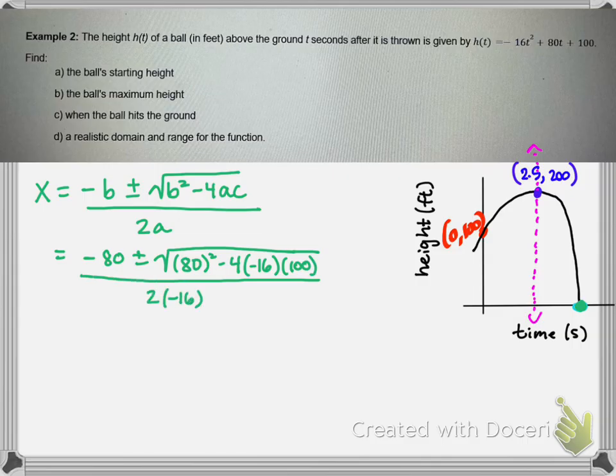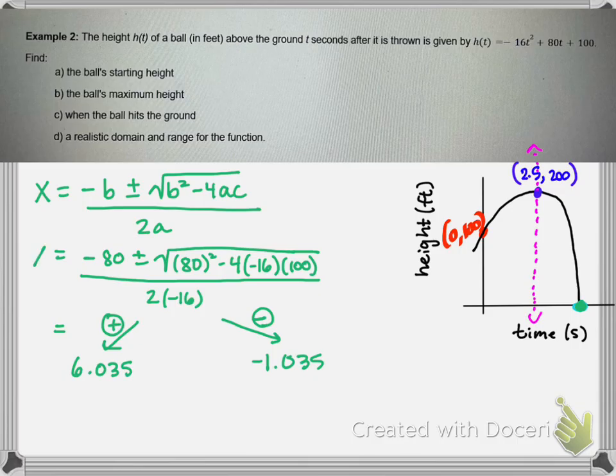I'm going to split my calculator into two equations. I'm going to do one with a plus sign, one with a minus sign. So this will be my plus of the radical, minus of the radical. And when I do that, I'm going to get two answers. I'm going to get 6.035, and I'm going to get negative 1.035.